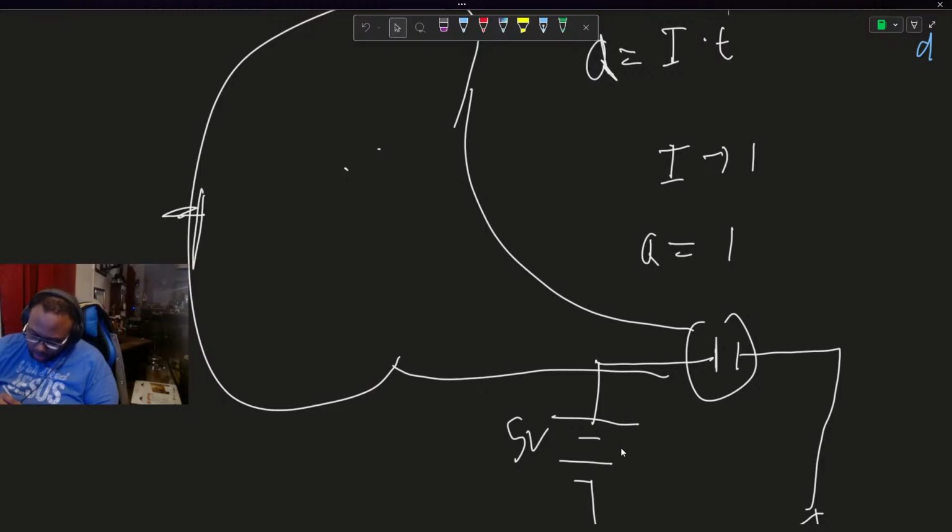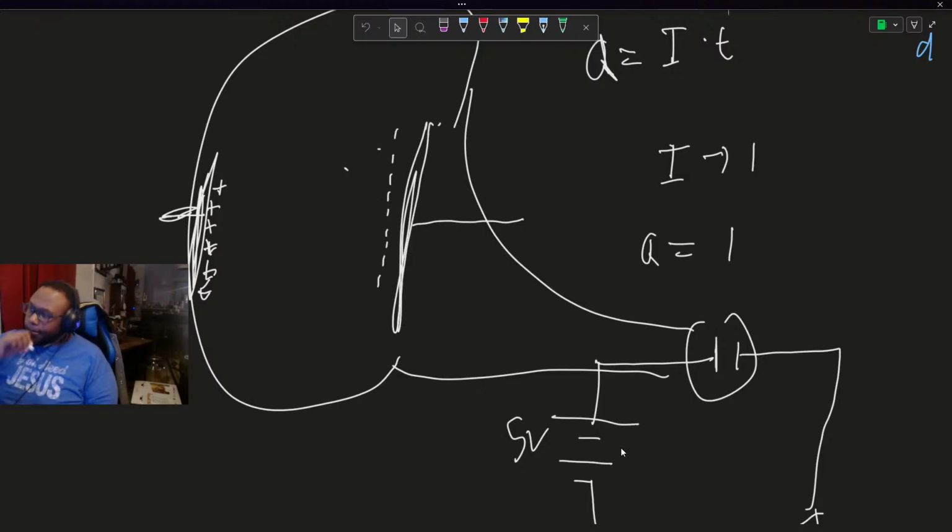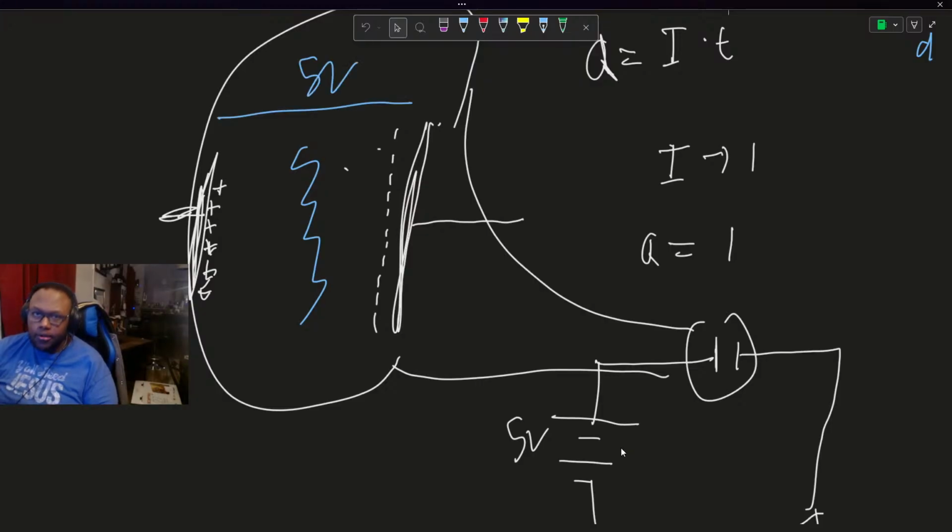I'm pretty sure it's called the anode. You have all your positive charges building up here, and your cathode, you have all your negative charges building up here. In between there is some type of dielectric material preventing them from just arcing across. And across all this is 5 volts at steady state.